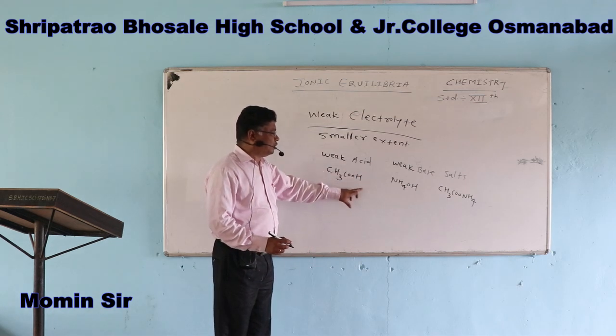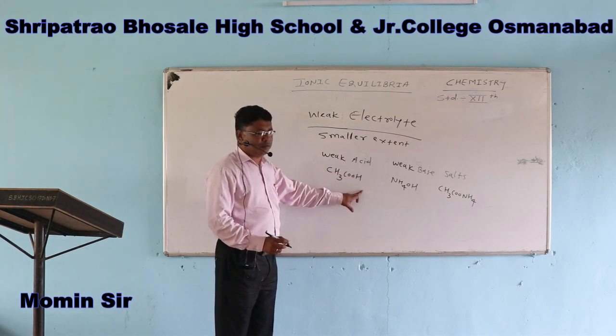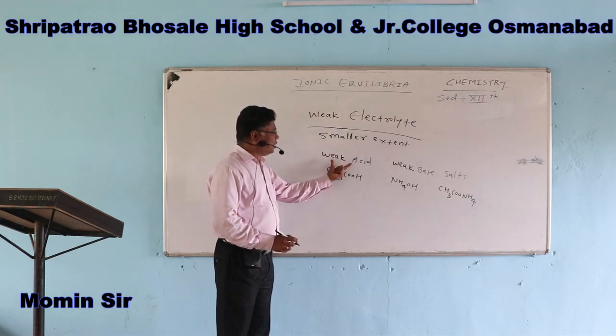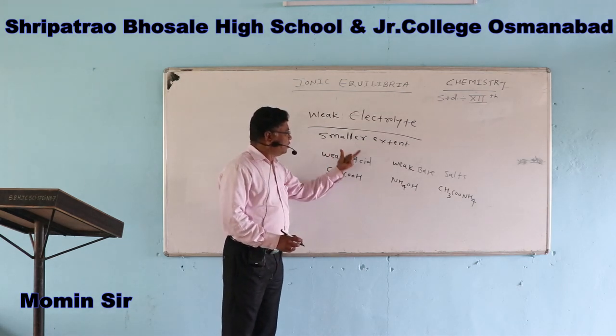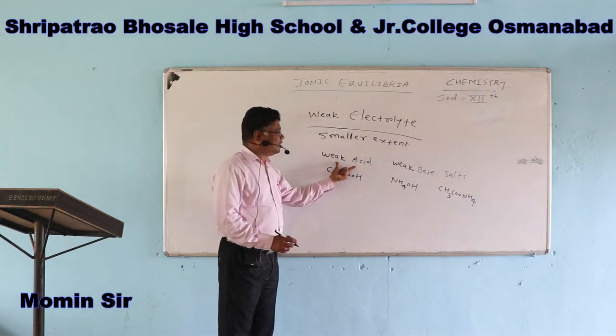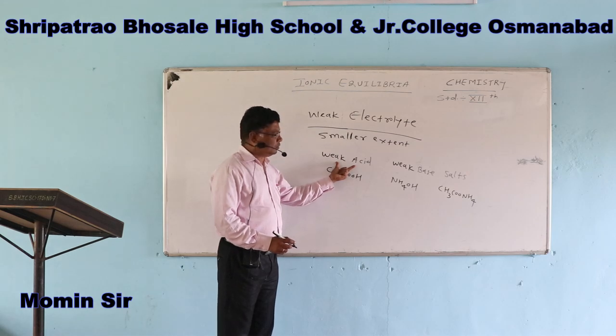These are the examples of weak electrolytes. So, after having an idea about why these are called weak electrolytes, it is because they ionize to a small extent.